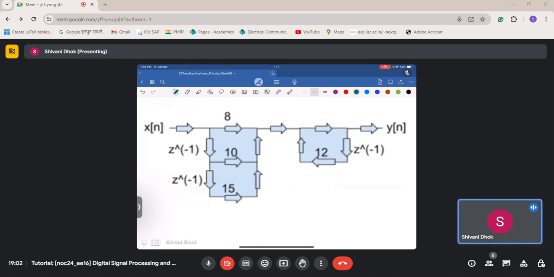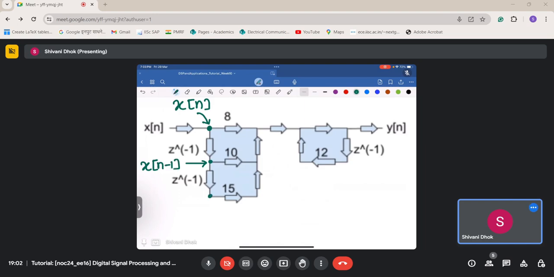We'll go point by point at every node and see what signal we are receiving. If you look at this particular node, this node is x of n. Then at this node, x of n gets delayed by 1 unit, that is x of n minus 1.